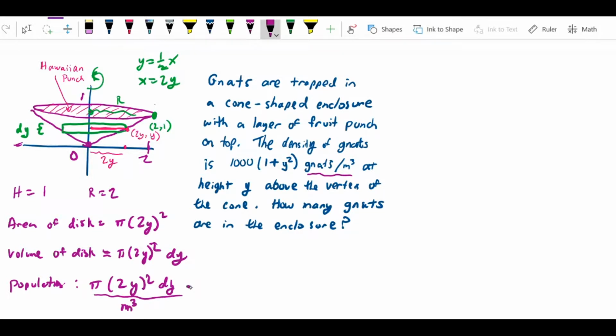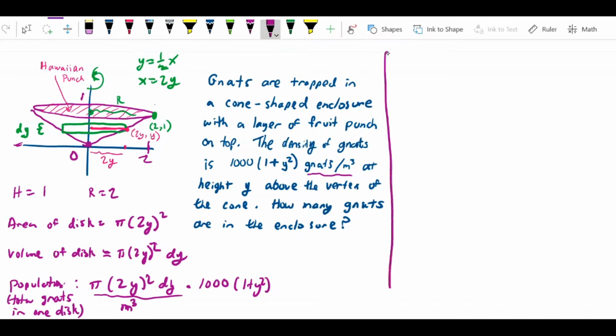It's going to be multiplied by gnats per meter cubed, to get the total number of gnats in one disk. So that's going to be times 1,001 plus y squared.